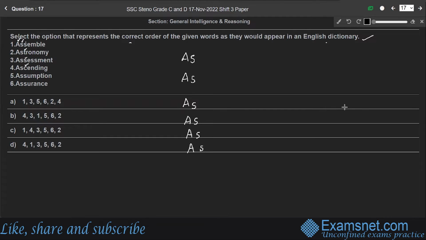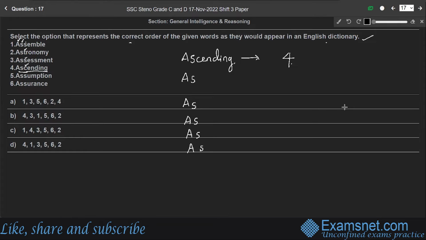So we'll write the word ascending first. So it appears first in an English dictionary, right? Because the third letter is C here, which comes before S and T. Therefore ascending comes first, which is the fourth word in the given question, right? So ascending got over, right?